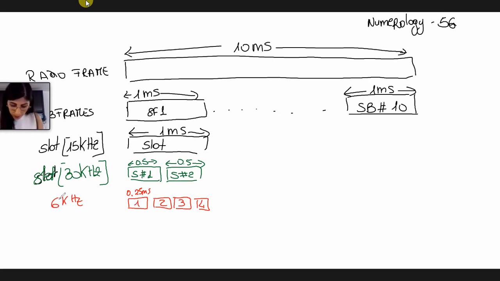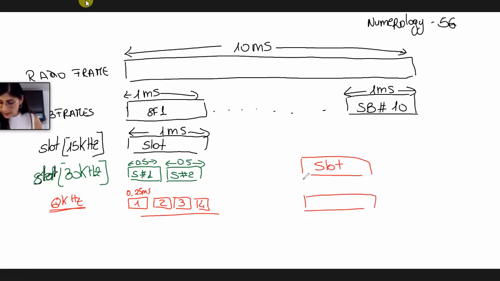For example, if we use 60 kilohertz, within one subframe we have 4 slots, so we can send more symbols, because within each slot, no matter the subcarrier spacing, we have 14 symbols.